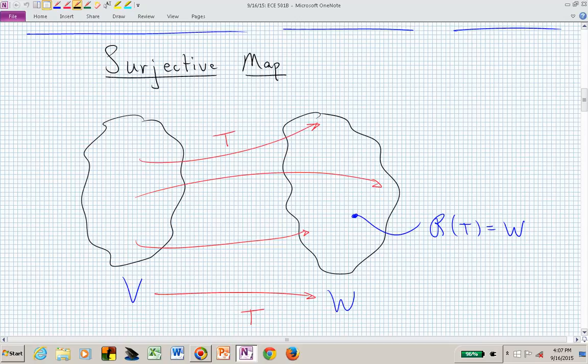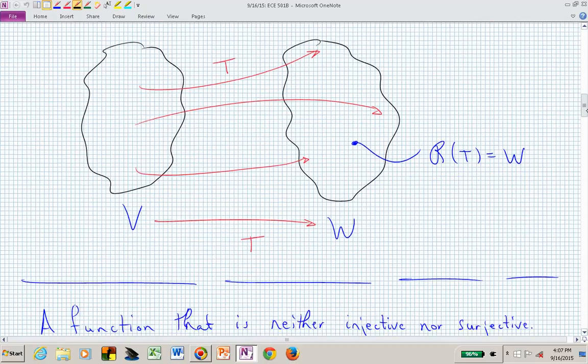That's a surjective map, that the range of T, where we can get to through that linear map, completely fills or touches, however you want to think about it, every element or every point in the vector space W of our codomain. That's what I'm trying to show by that cloud map.